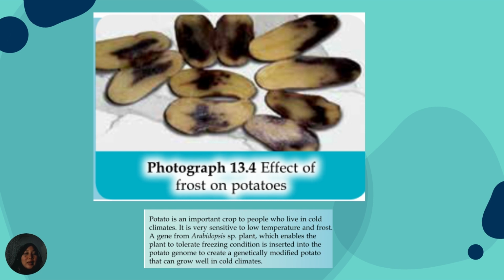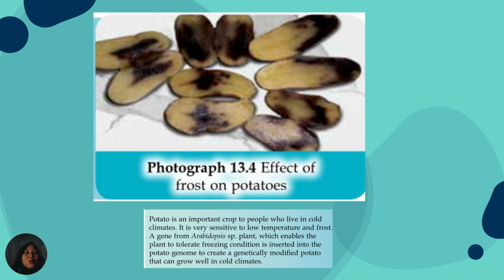Okay, so sebenarnya GMF ni dia memang ada kebaikan dia jugalah. Dia ambil ciri-ciri yang diperlukan dalam satu organism. Contoh macam for example, in this slide, potatoes. We need potatoes to continually grow even though it's in a cold climate.